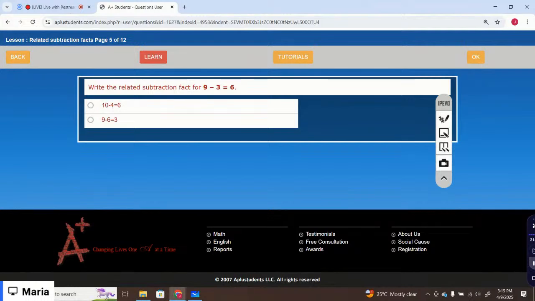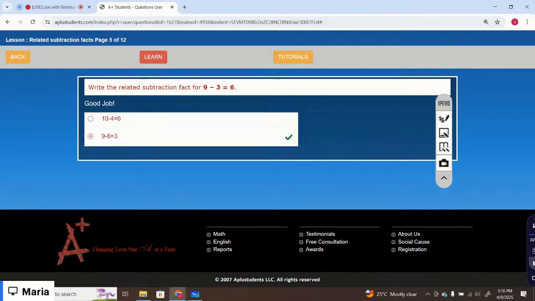Write the related subtraction fact for 9 take away 3 equals 6. That is 9 take away 6 equals 3. Option number 2 is the correct option.